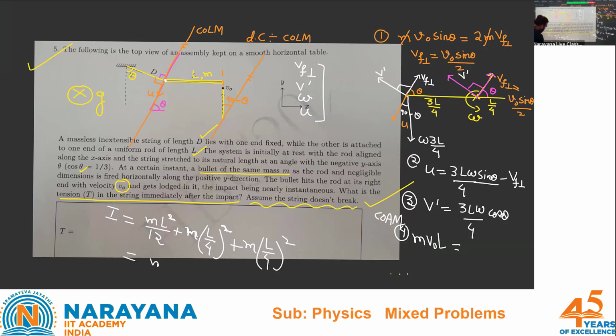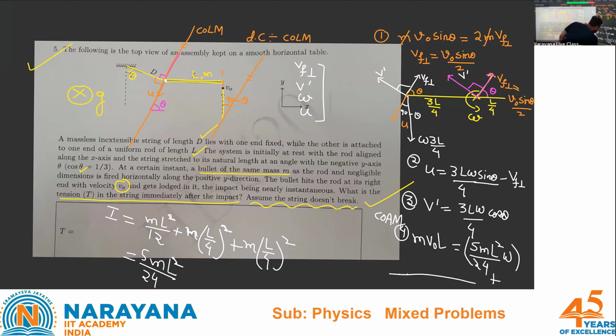So basically, ml square how much is it? 1/8, 1/12, 5/24, okay? 5/24 ml square. Is that fine? So then this becomes ICM. So that is 5 ml square by 24 I term into omega. Omega was anti-clock. Yeah. This term plus in the RHS.